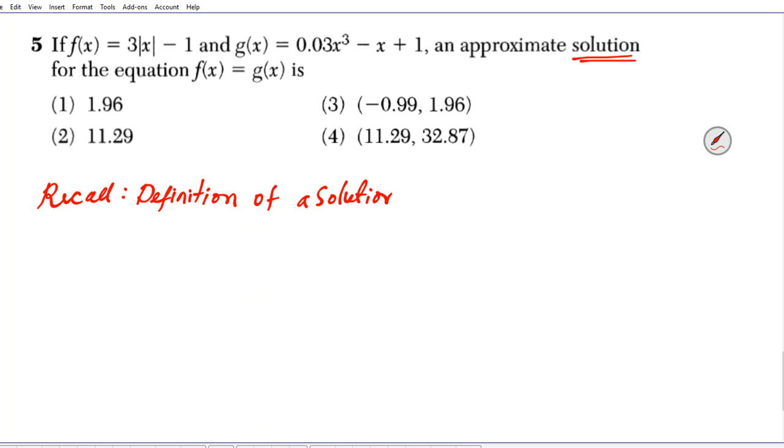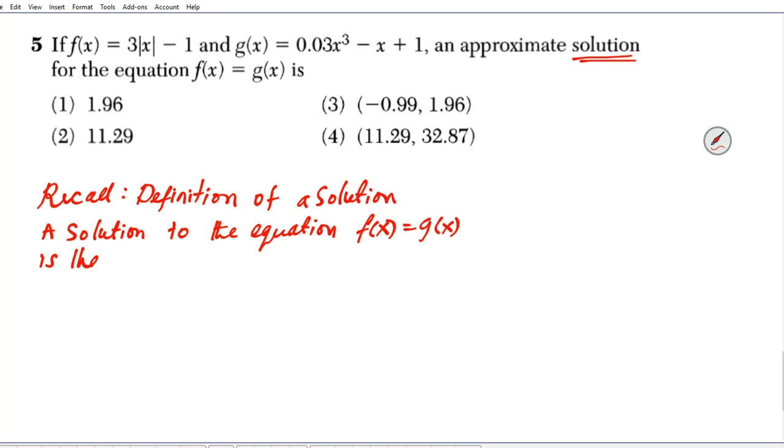So in this particular case, a solution to the equation, two functions, f of x equals g of x, is the what? Is the x value that does what? That satisfies the equation.